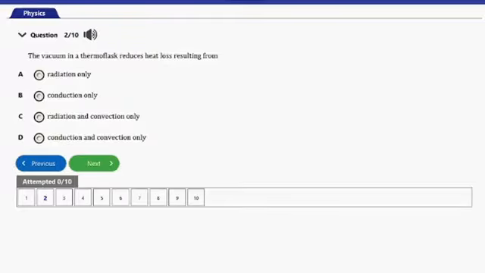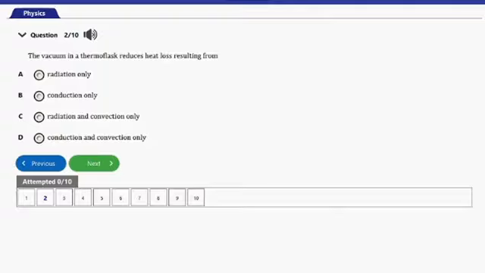But guys, conduction and convection require either a solid, liquid or gas medium. So in a vacuum, you find out that this is either reduced or almost gone. So that's why the vacuum in the thermal flask reduces heat loss resulting from conduction and convection.